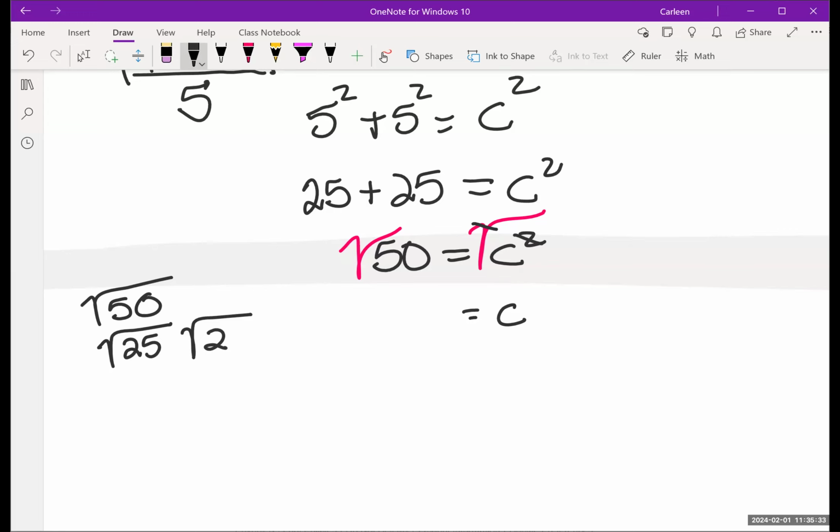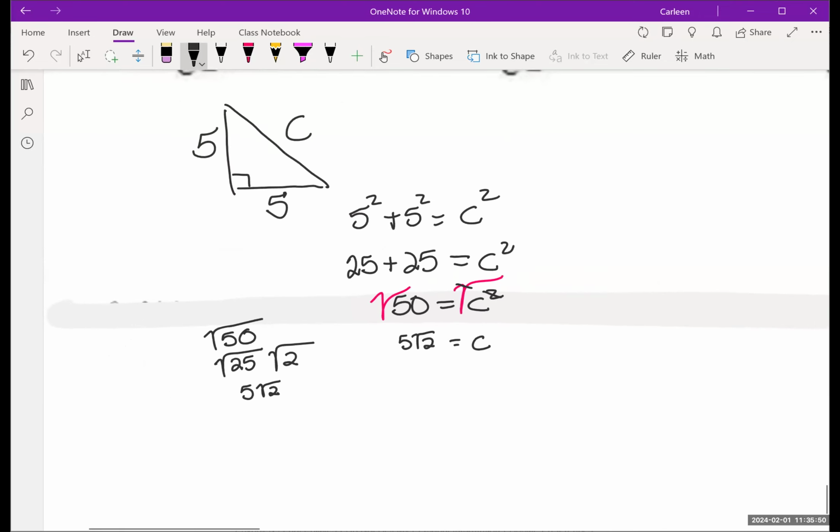Okay, which one of those can I take the square root of? 5. So this is 5 square root 2. Oh, that's interesting. 5, 5, and 5 square root 2. Huh, look how interesting. Only when it's isosceles does that little pattern happen.